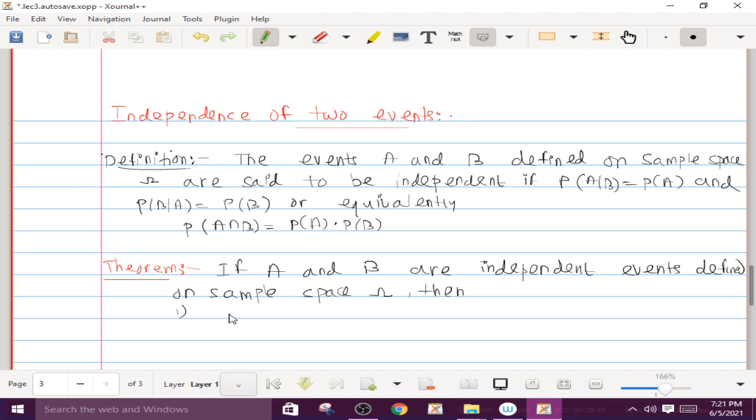A complement, A dash, that is A complement, and B are independent.